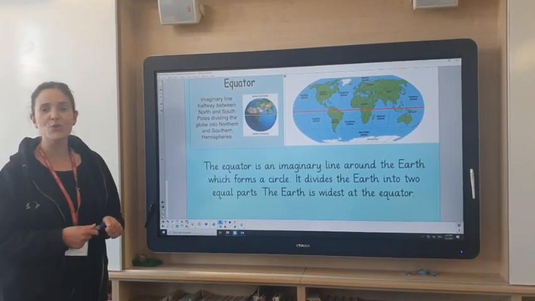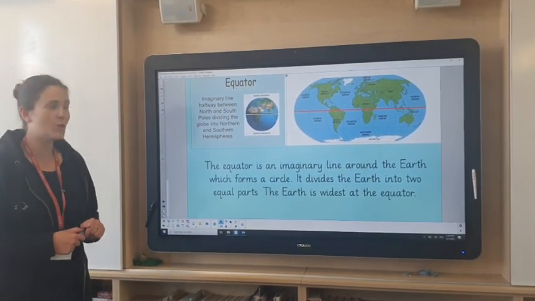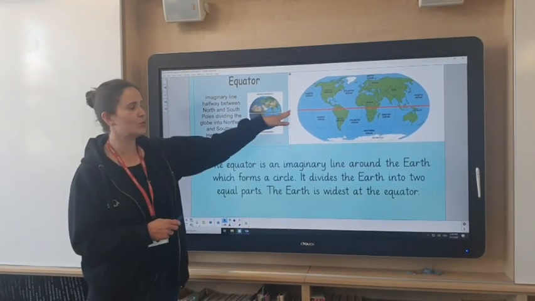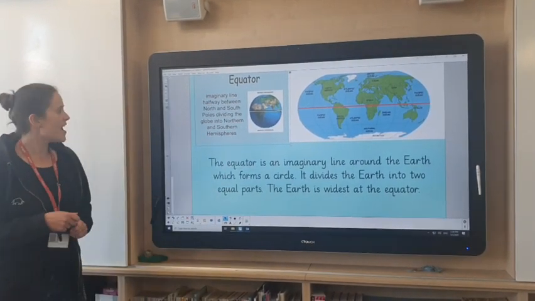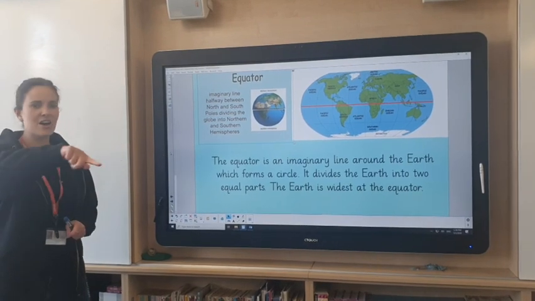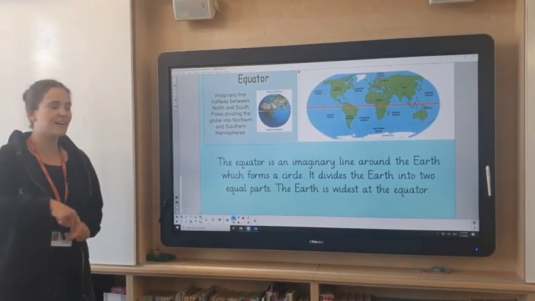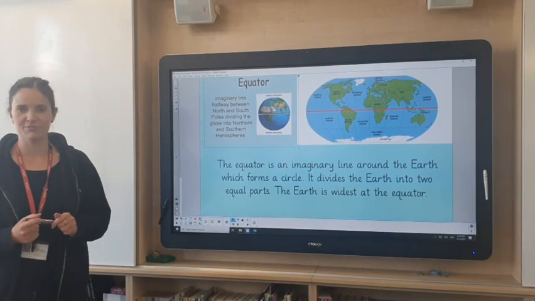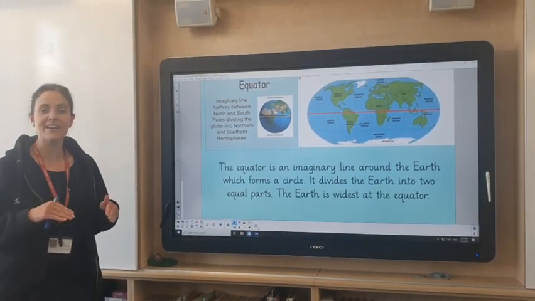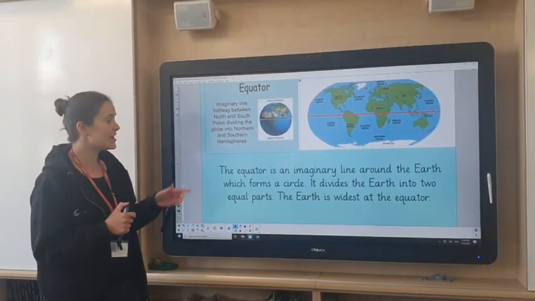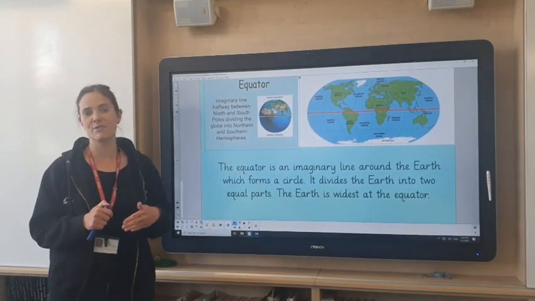It's often shown on pictures of the world as an actual line, but it is imaginary, and it goes round the Earth at the centre and it forms a circle. And that is how we divide the Earth into its northern and southern hemispheres.